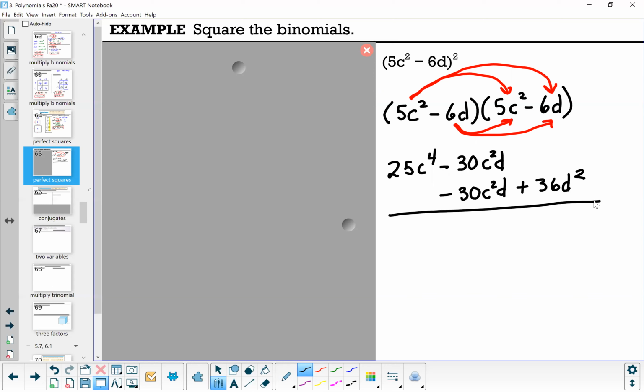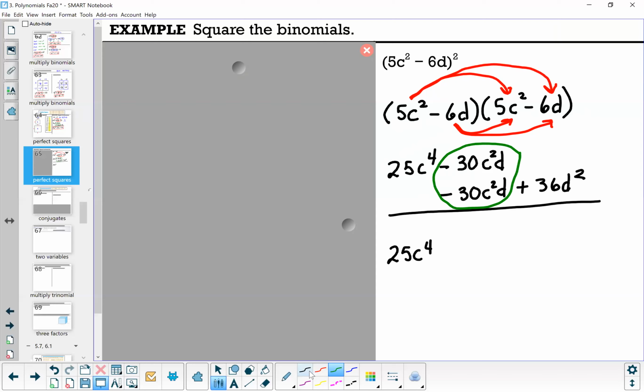I try to be clever again by lining up my terms vertically for my convenience. Now I'm going to simplify. So we have 25c to the 4th, combine your like terms of negative 30c squared d.